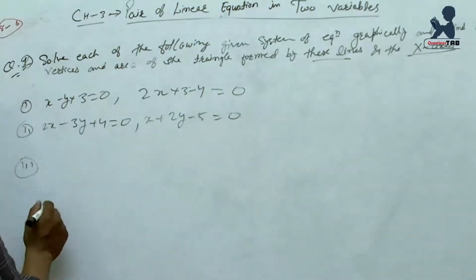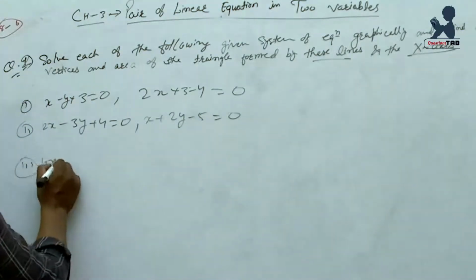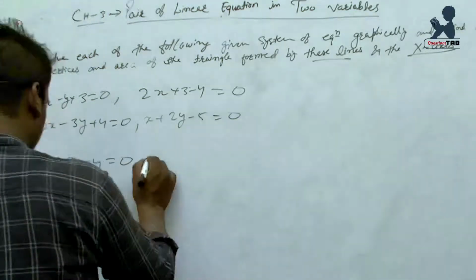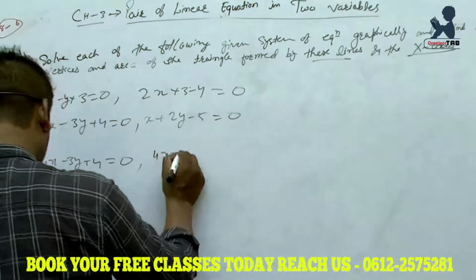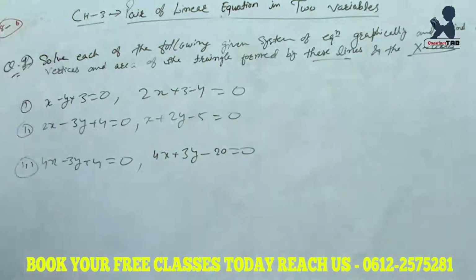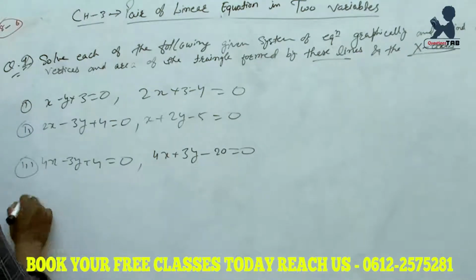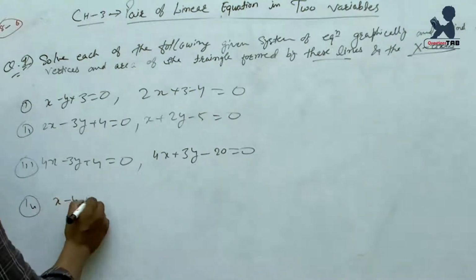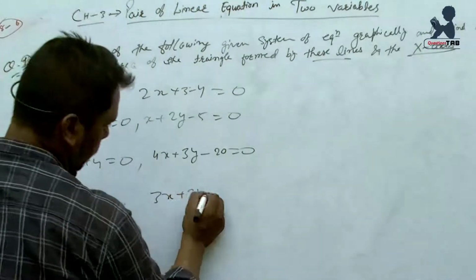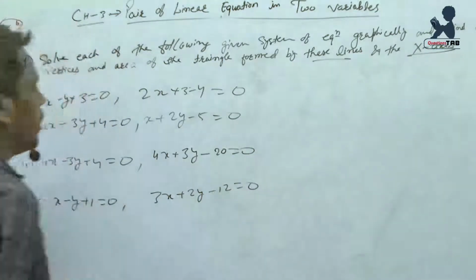Third question is 4x minus 3y plus 4 equals 0 and 4x plus 3y minus 20 equals 0. Our fourth question is x minus y plus 1 equals 0, 3x plus 2y minus 12 equals 0.